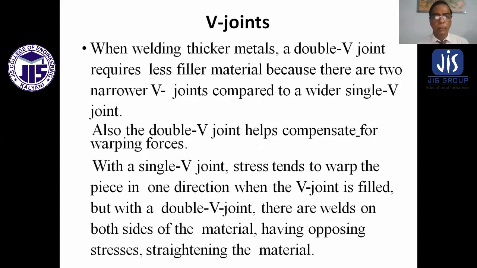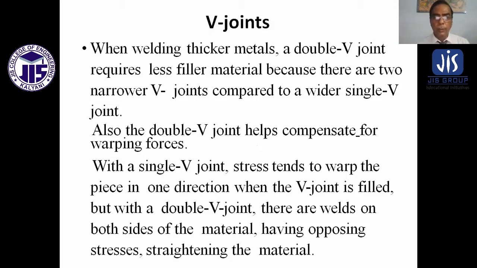V joint. When welding thicker metals, a double V joint requires less filler material because there are two narrower V joints compared to a wider single V joint. Also, double V joints help compensate for warping forces.